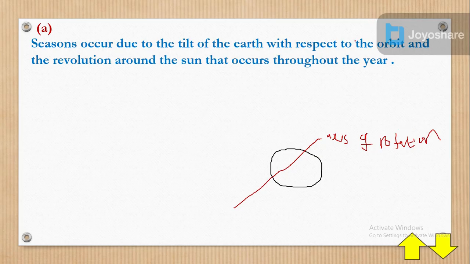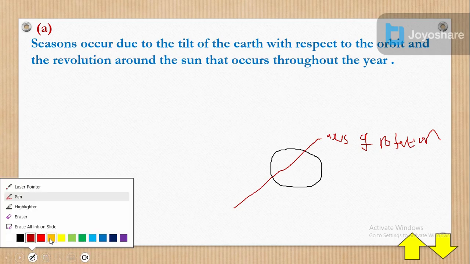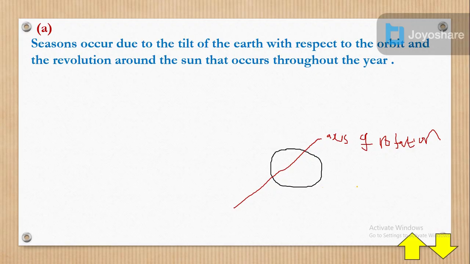Now what happens is, this earth is rotating. Let's also have here our sun, I'll use yellow. So as sun rays come onto this part of the earth, the face which is facing the sun will experience the sunlight.